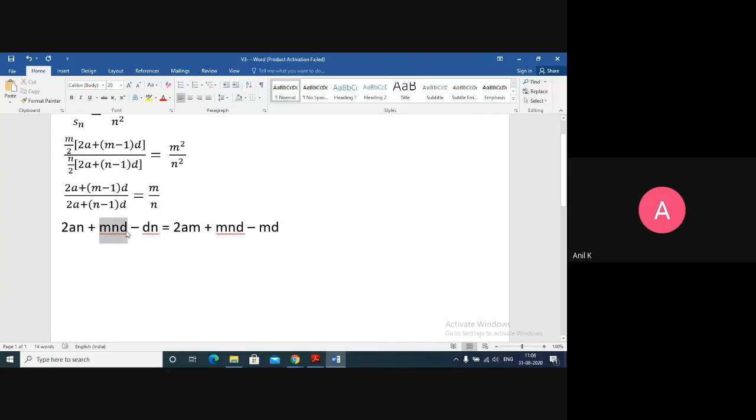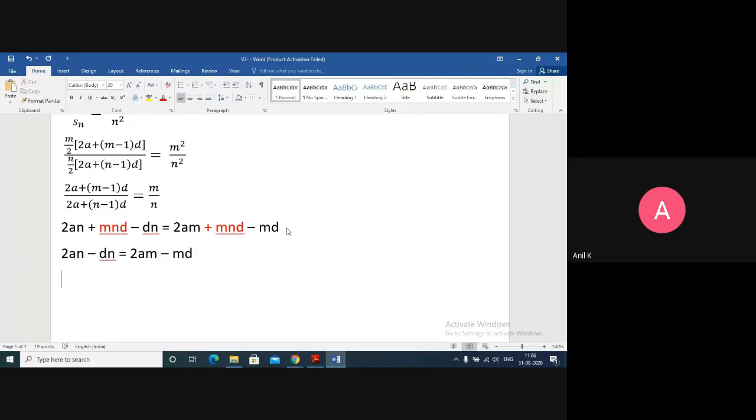So these are the terms that will get cancelled. On both sides you have mdn; here also you have mdn, the same signs on opposite sides of the equality. So both will get cancelled. What is left out here is 2an minus dn is equal to 2am minus md.